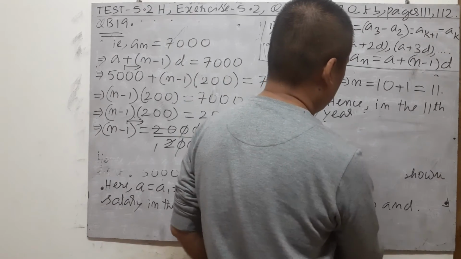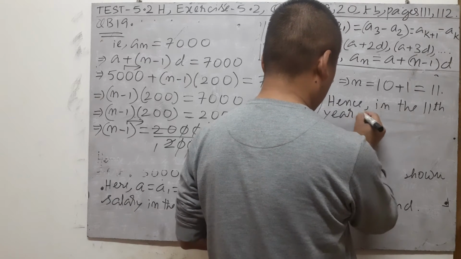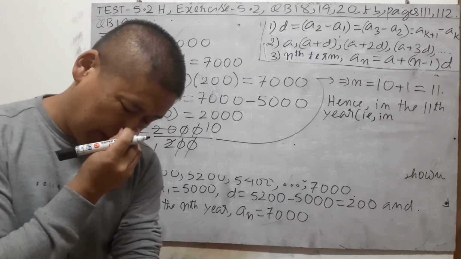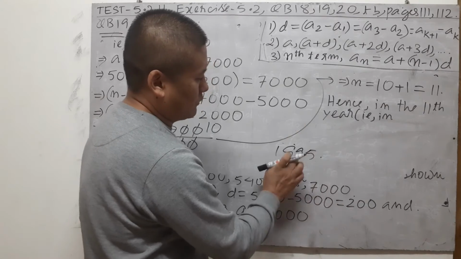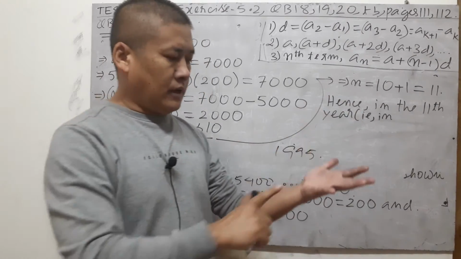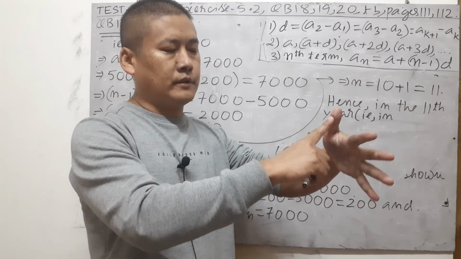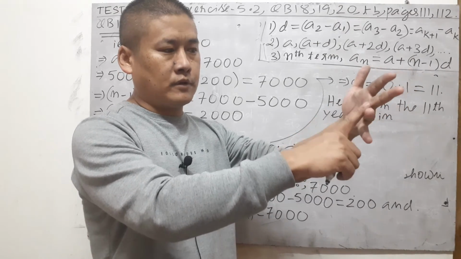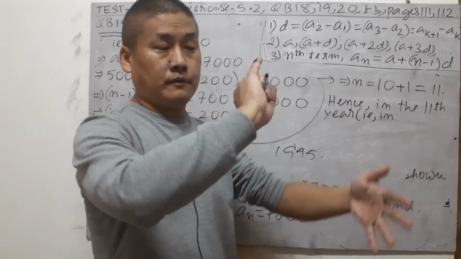In brackets you can also specify the year if you want. His salary started in 1995. He started working in 1995, so the 11th year means we have to include 95 also. Starting from 1995, 96, 97, 98, 99, 2000, 2001, 2, 3, 4, and 5, that's 11.